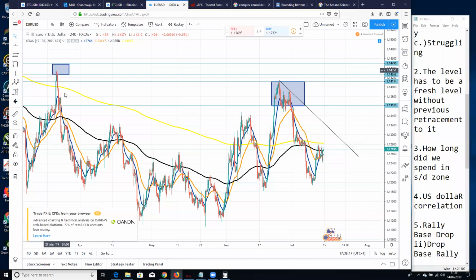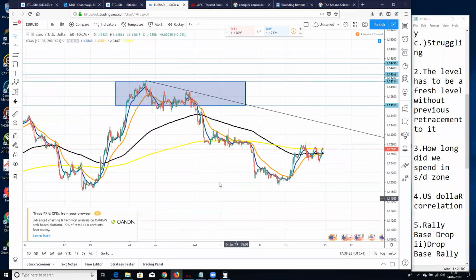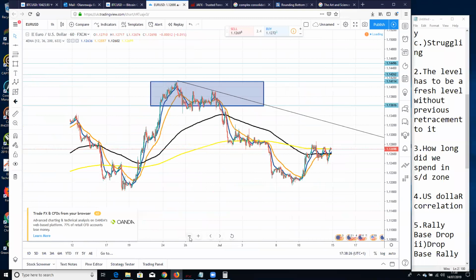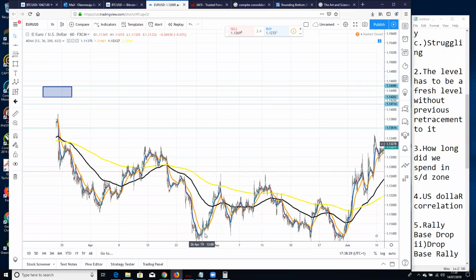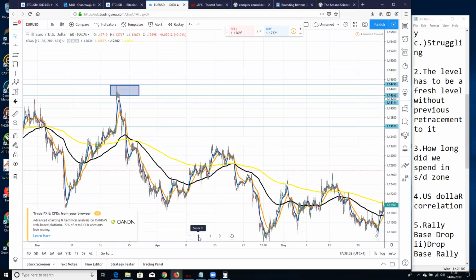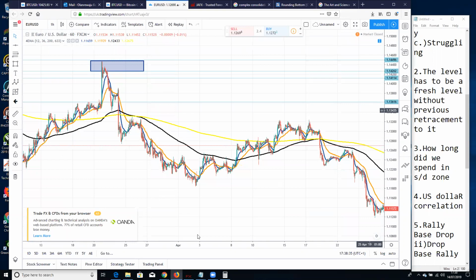Before we consider that area, let's look into our 1 hour chart going into that zone and see how price really got transferred over there.